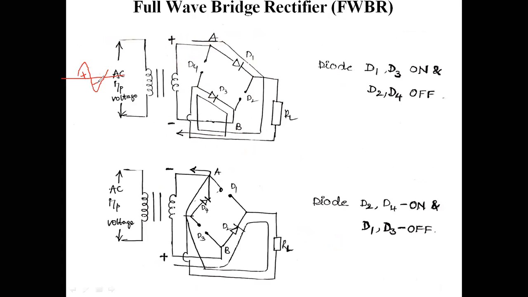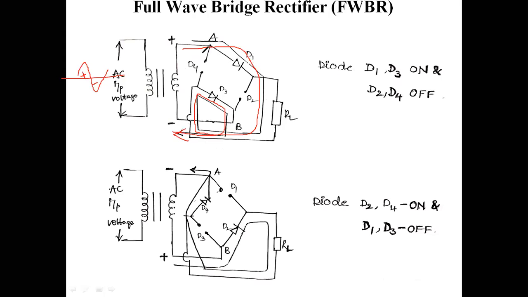That means the flow of current takes place from A to diode D1, then to diode D3, and to the negative terminal of the battery.